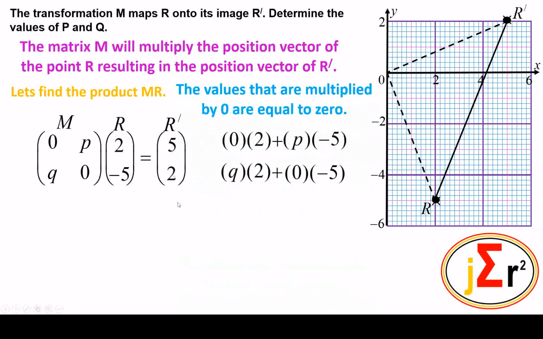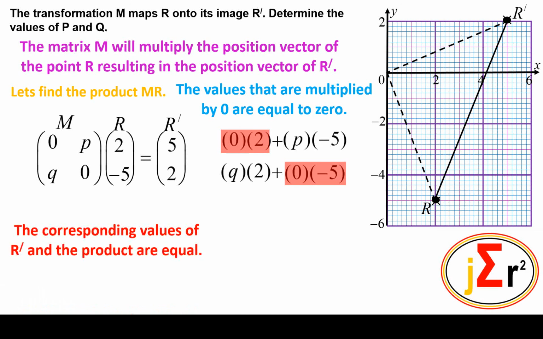The values that are multiplied by 0 are equal to 0. So those values that are multiplied by 0 will not have any effect on the value of the sums. So we are not blotting them out completely, but giving them some form of highlight, or maybe hiding them a little, so that the ones that matter most will be wide in the open.